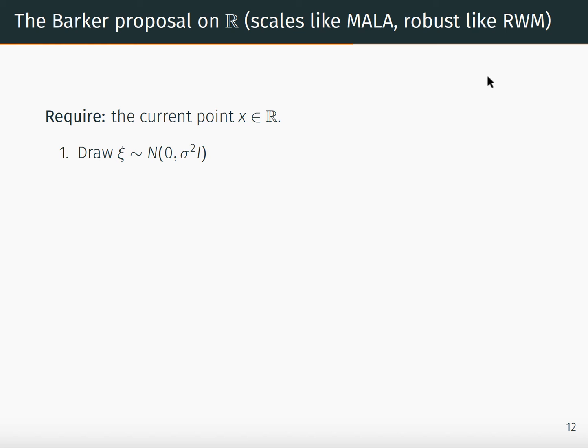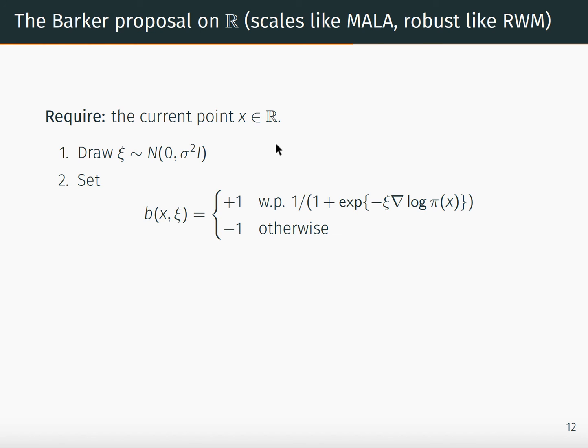And so just a simple illustration of how it works in one dimension without worrying about preconditioning, although this can all be done, and we explain how in the paper. We start by drawing some random zero mean symmetric noise, xi, just like you would in the random walk or in MALA or HMC. And then we draw this other random variable b. We're going to make it +1 or -1, and whether or not it's +1 or -1 depends on the gradient of log pi.